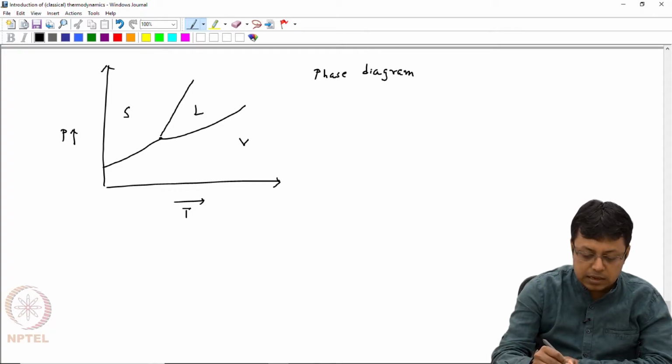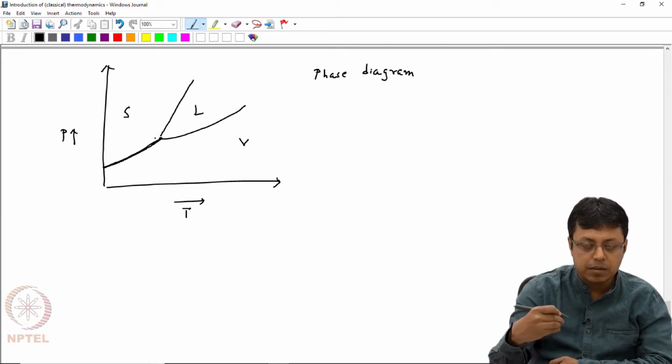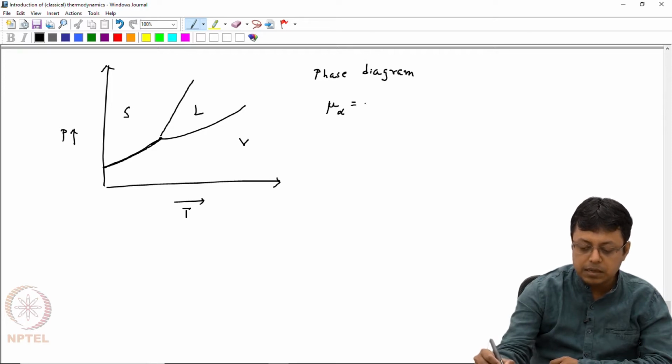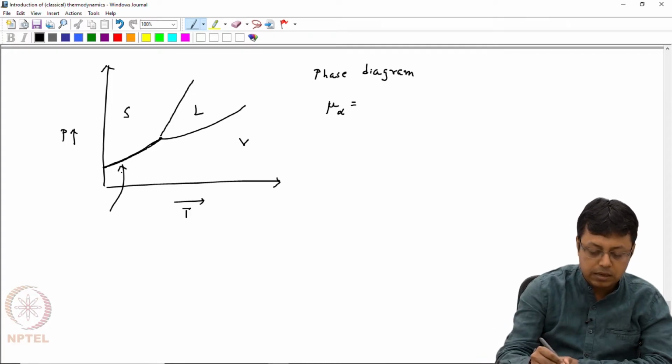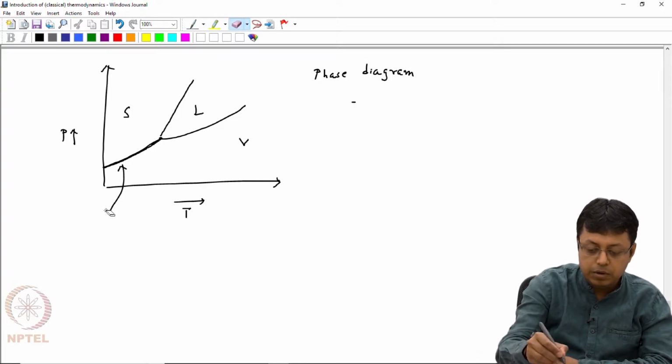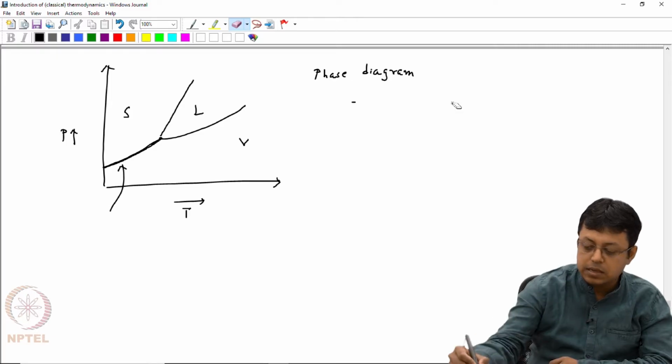And these lines basically represent phase transitions, and on these lines the Gibbs free energy of the two phases are equal. So if I want to write down an equation for this line, it will be something like the Gibbs free energy per unit mole, which we also call the chemical potential.